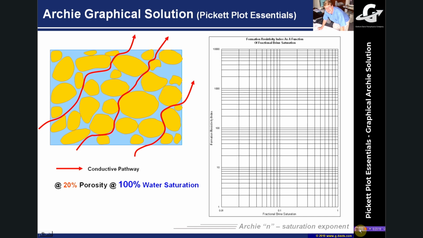Here we are with our conductive pathways at our 20% rock. You can see that the current is flowing through here quite nicely, and on this is a formation resistivity index plot, something that we measure on core data. We plot the formation resistivity index against fractional brine saturation. So here we are at 100% brine saturated, up at this end of the plot.